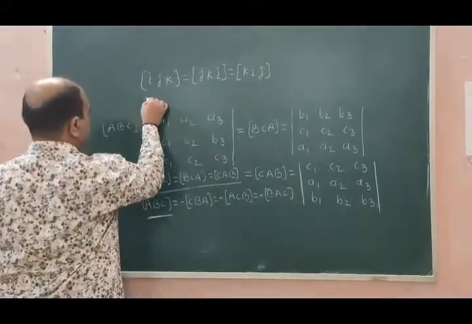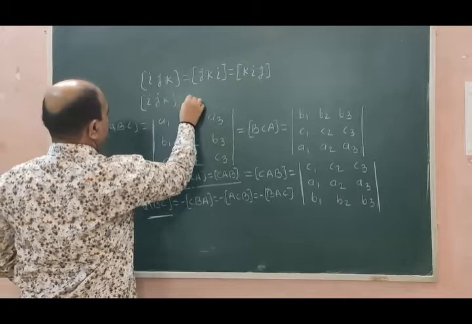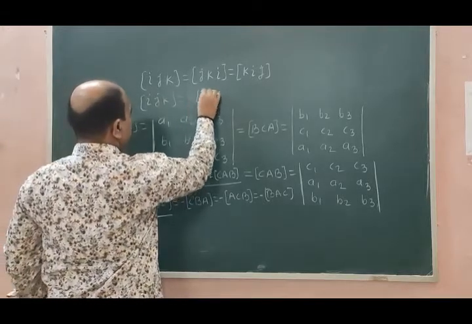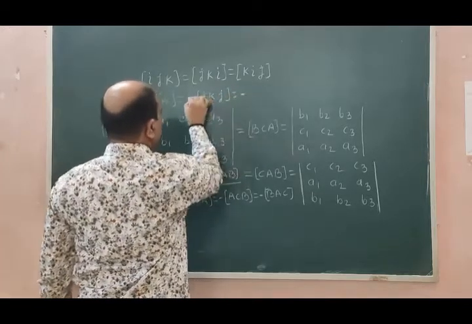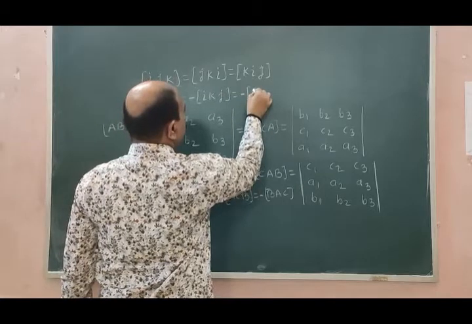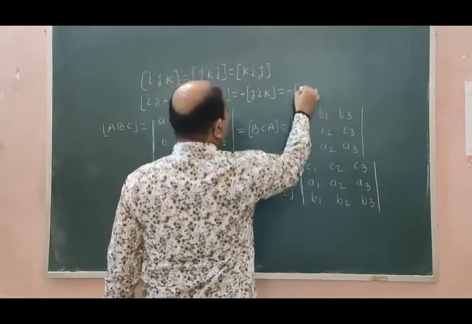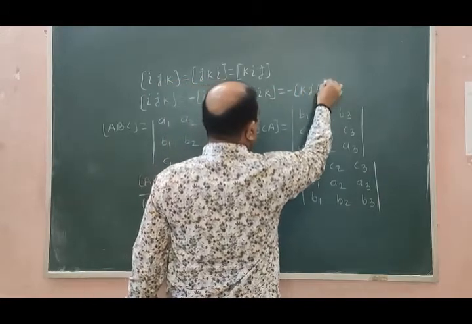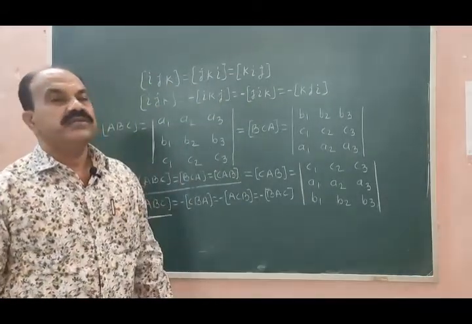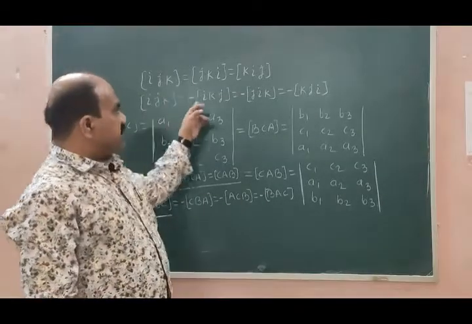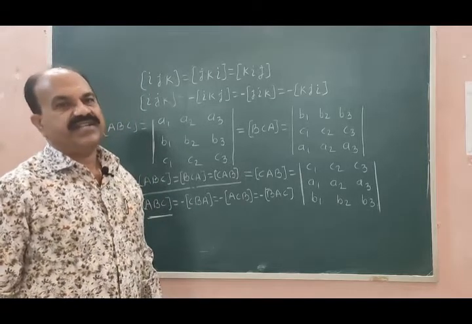Instead, if you go this way, this is anti-cyclic permutation of box products of the unit vectors ijk.